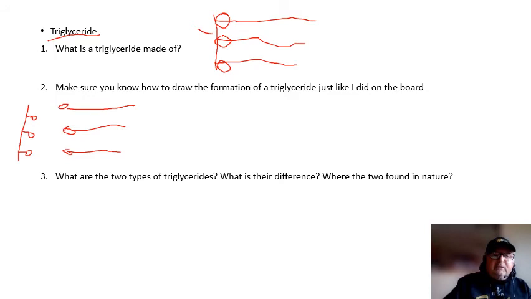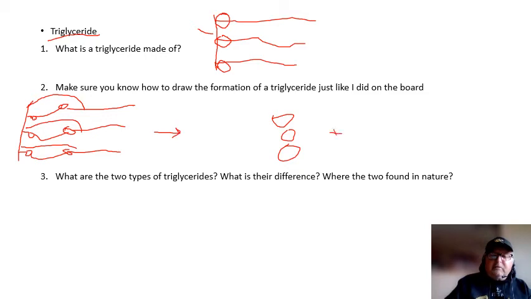What happens is these two things break off: this is an H and this is an OH, H and OH, H and OH. Go back to your notes, go back to the video, and see that. It makes three waters, and in the process it connects the fatty acids with the glycerol. And so you end up getting three waters plus one triglyceride.